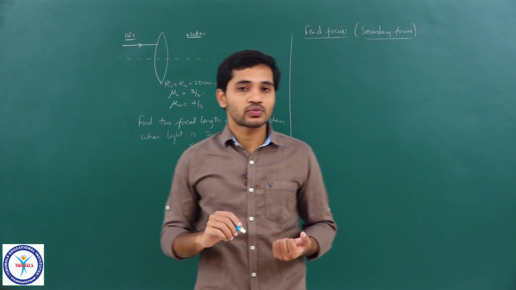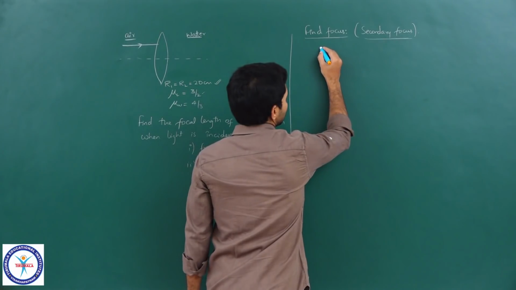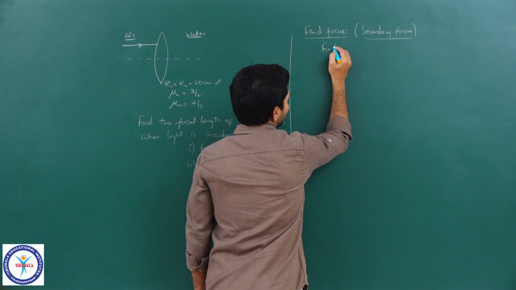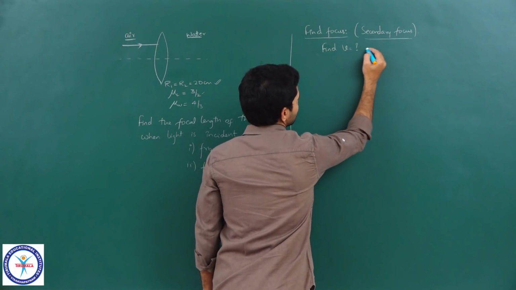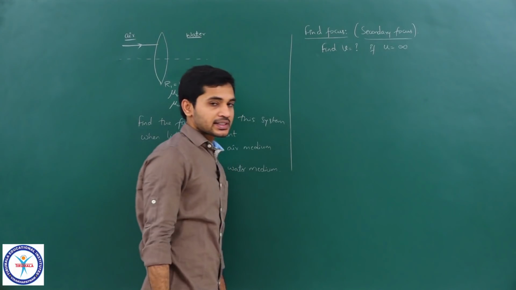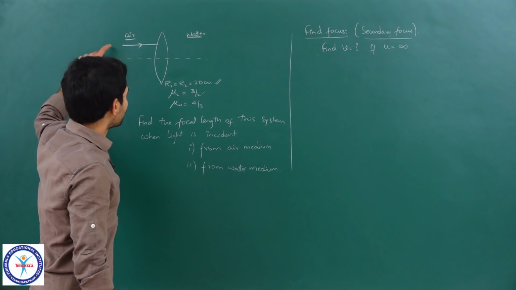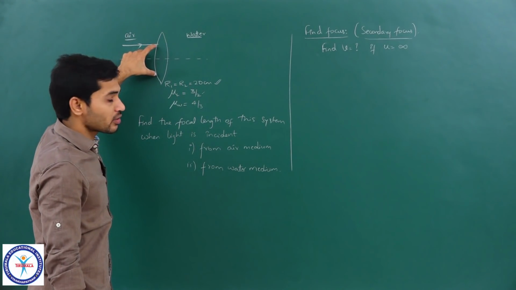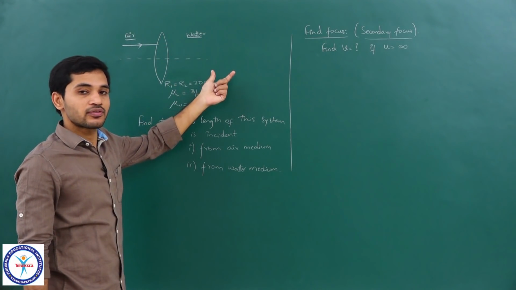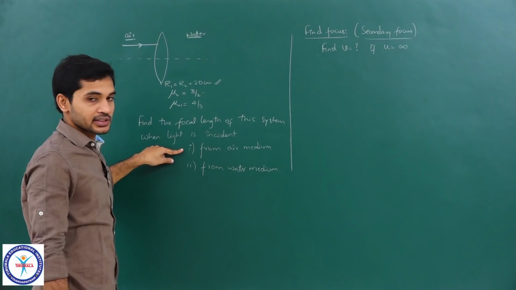So, secondary focus is what they will calculate, which means they are asking you to find the value of V if U is infinity. So, considering that light rays are coming parallelly from the air medium, where do they converge in water? That will be the focal length for the first case, right?